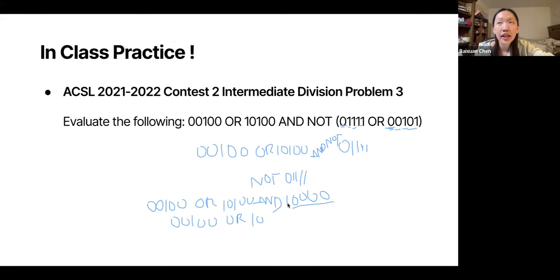So for AND, as long as there's a 0, it'll return 0. So we can assume that there will be 1, 0, 0, 0. Then we compare OR of these two, and for OR, it returns 1 as long as one of the digits is 1. So it'll be 1, 0, 1, 0, 0. So that'll be the answer to this question.